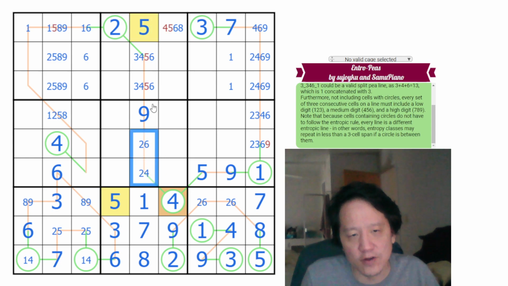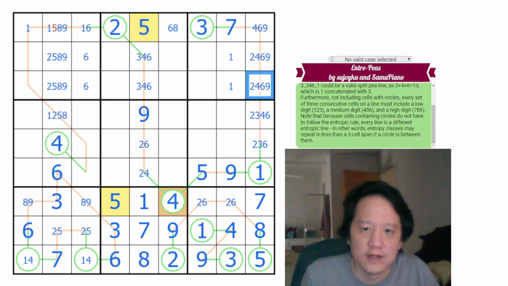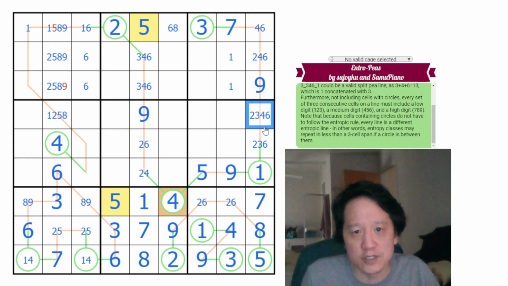This cannot be 5. This cannot be 5. So this is, okay, no 4 or 5. This can't be 9. So the 9 is here. Oh okay, there's also, yeah, I keep forgetting about the entropy part of this line. This has to be 9. This is not 9. So this is 4 or 6, which means this is 4 or 6.